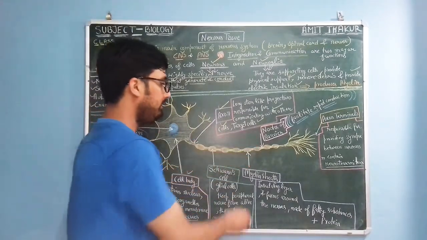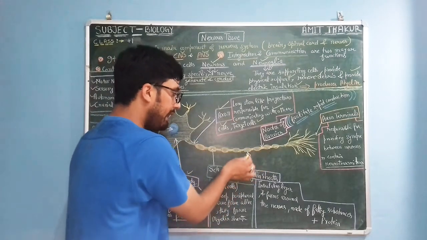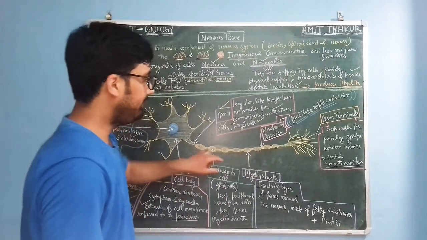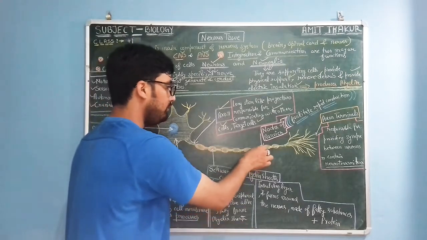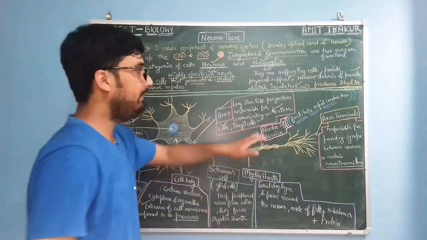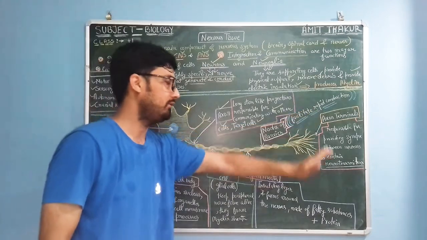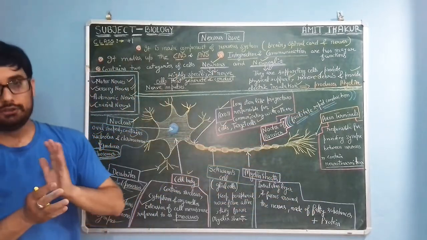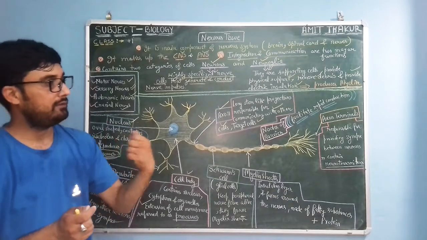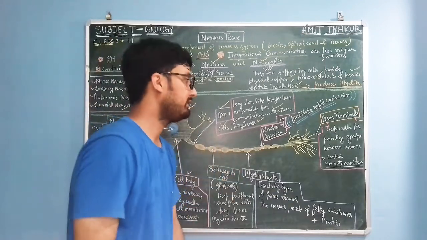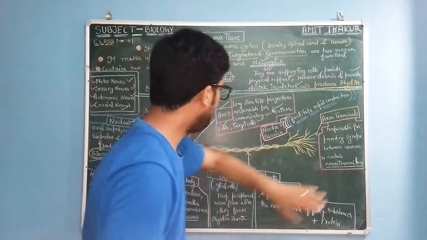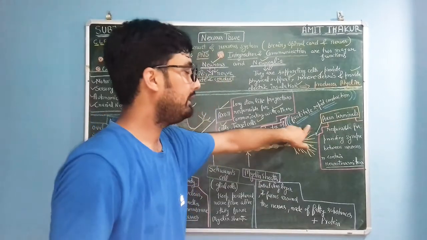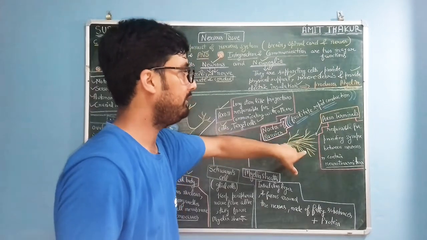Nodes of Ranvier: actually the gaps between two Schwann cells, in between, these are the nodes of Ranvier gaps. They facilitate rapid conduction. These nodes of Ranvier actually ensure that the conduction is faster. These are axon terminals, the end of the axon in the form of branched axon terminals.